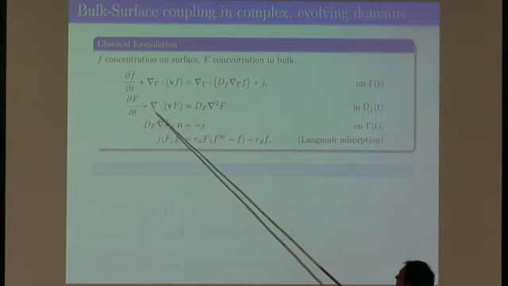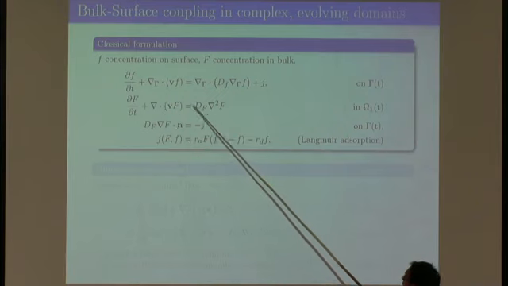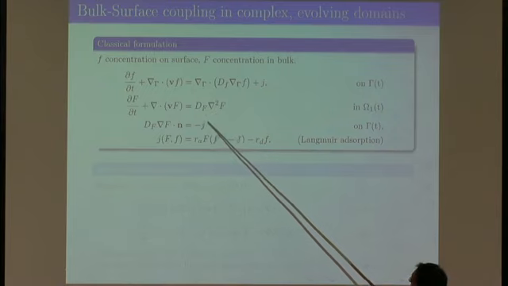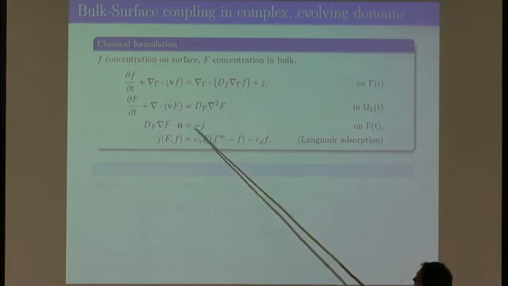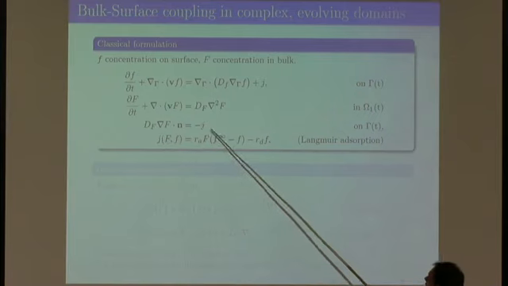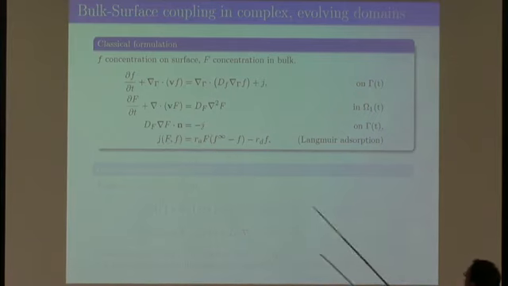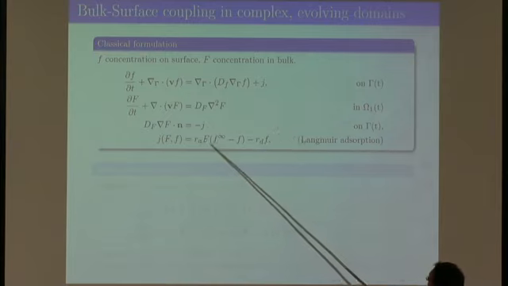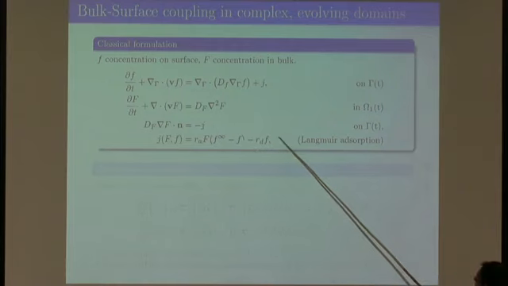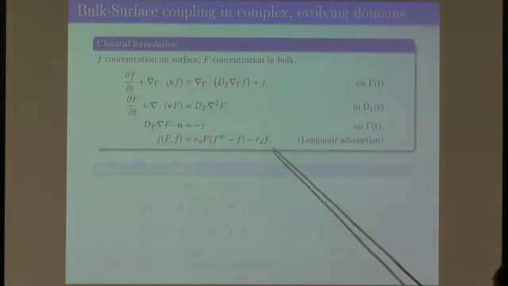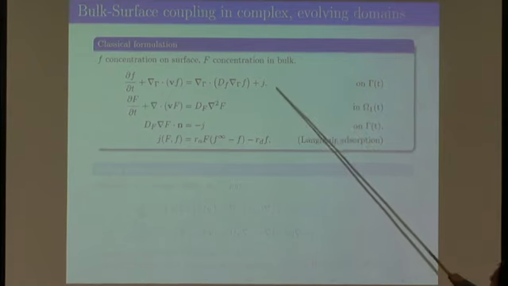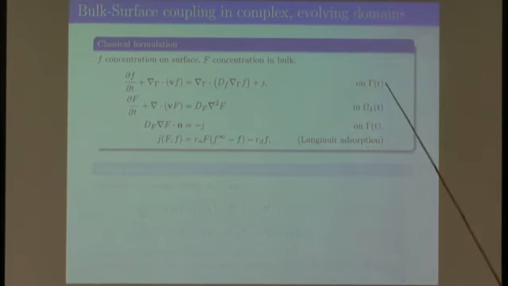So capital F is advected with the flow and also diffuses, and the adsorption and desorption processes enter as a boundary condition on the surface. So this J term essentially models adsorption and desorption processes, and you could just choose a Langmuir adsorption law, for example.